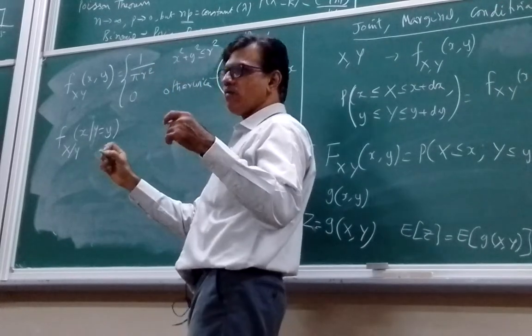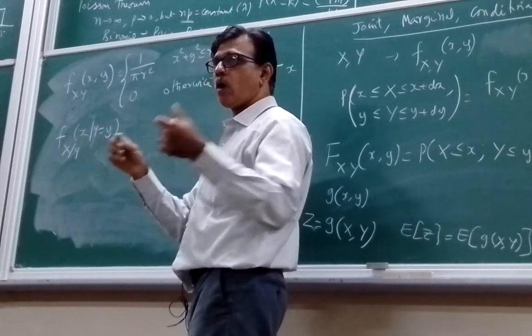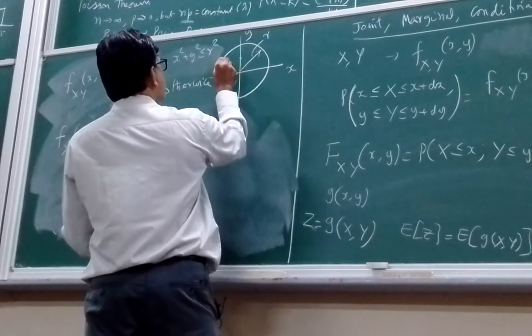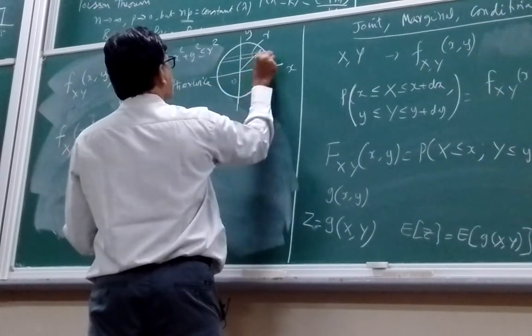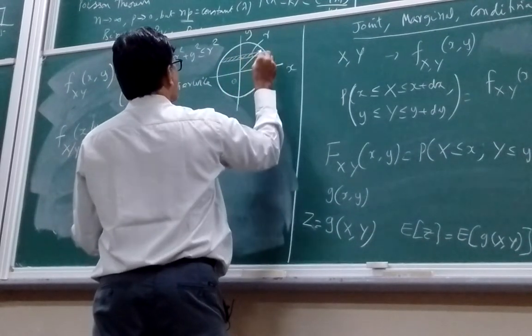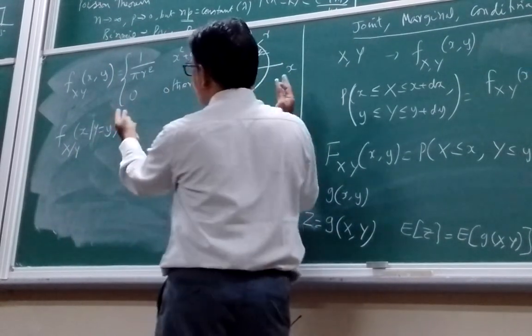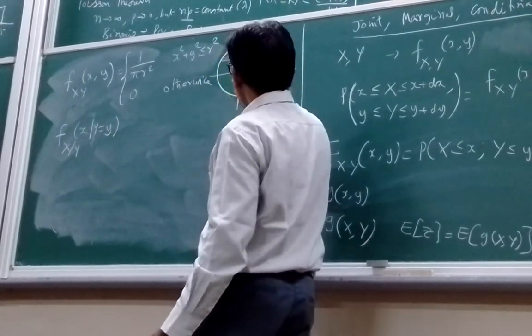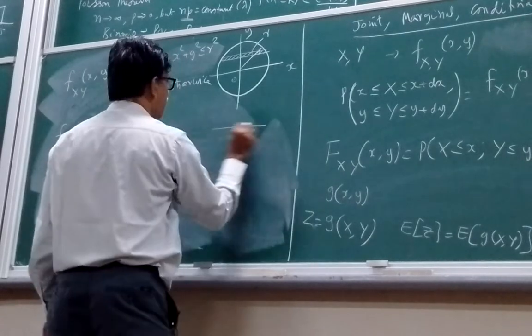What will be the range x can take, and in that range what will be the density? So if you only take values in this strip, its range itself changes. It is not minus r to plus r, it will be different. And again, it is not necessarily uniform like this.